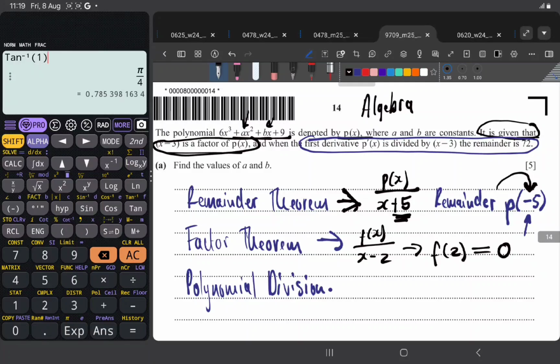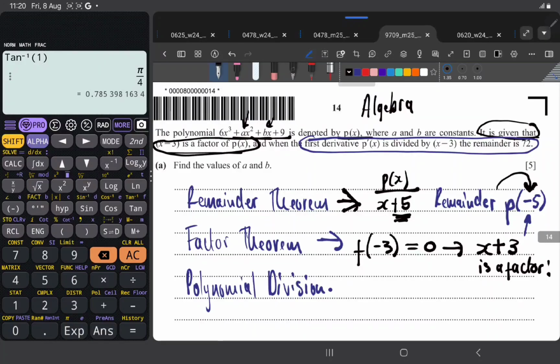But remember, there is a sign change there. So for factor theorem, we'll be saying, if you put f of negative 3 and you get an answer of 0, this should tell you that x plus 3 is a factor. Remember to change the sign.